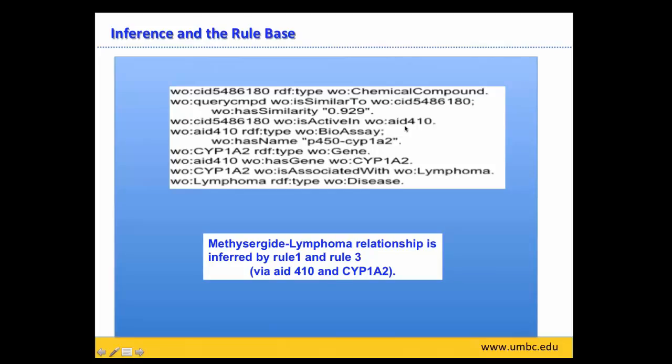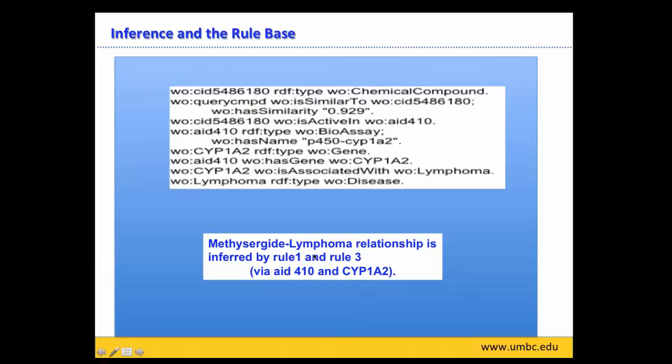And they have bioassay information, gene information, and disease information. Based on these statements we generate for this chemical compound, methoxysteride, we will be able to run the semantic inference automatically against the rules I presented in the previous slides, rule 1 and rule 3.